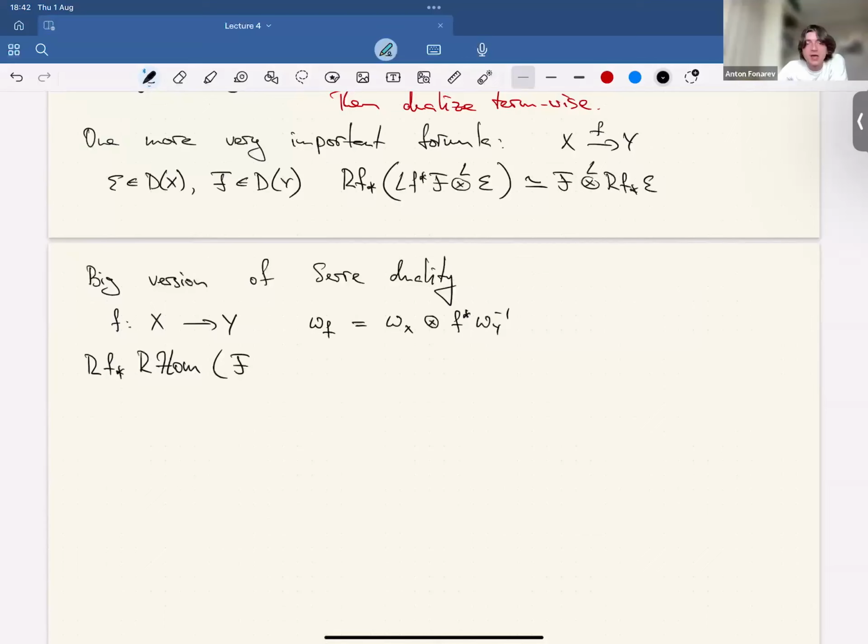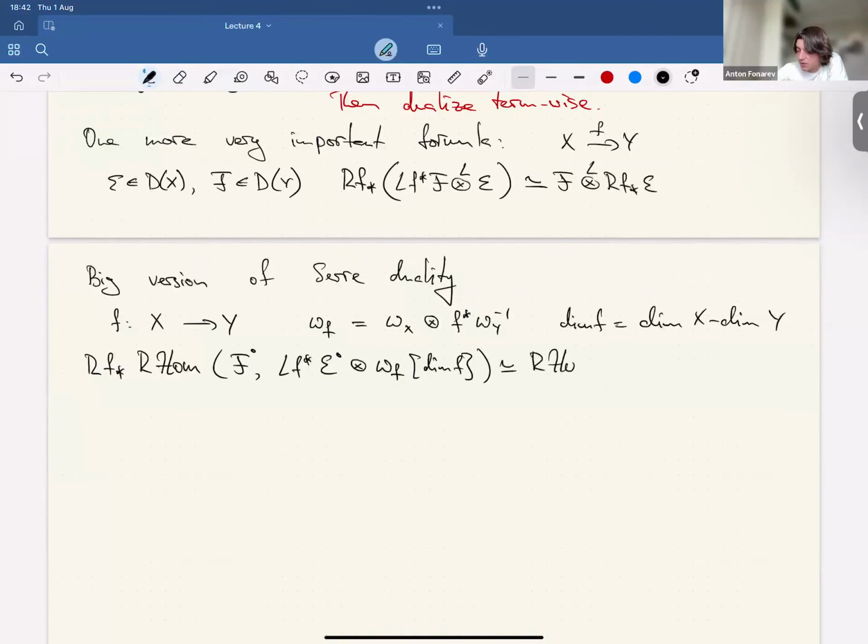Between F and LF upper star E. These will be complexes, tensor omega F, and then shifted further by the relative dimension of F, where the dimension of F equals the dimension of X minus the dimension of Y. This is isomorphic to R Hom between R F lower star F, comma E. So here is an X.